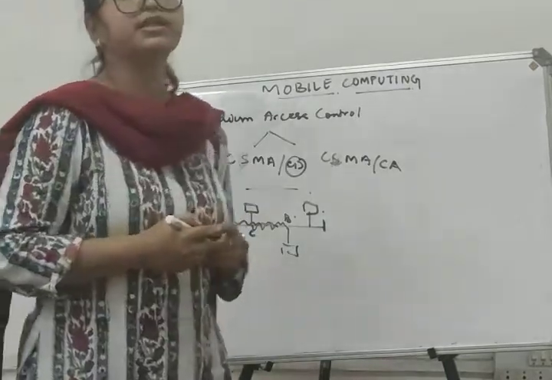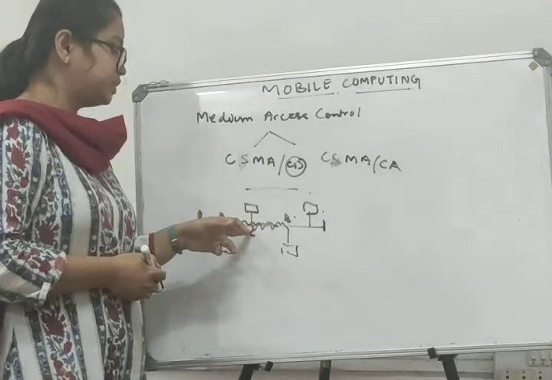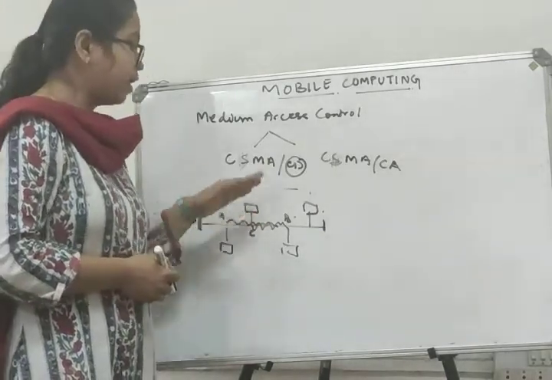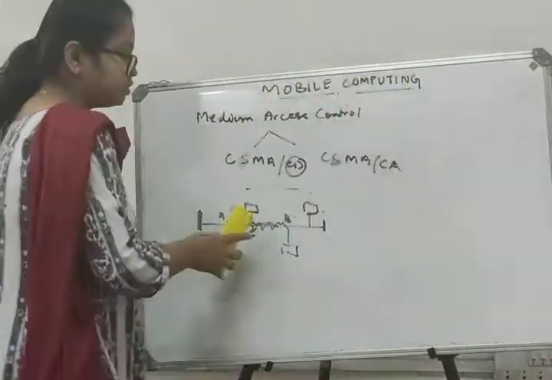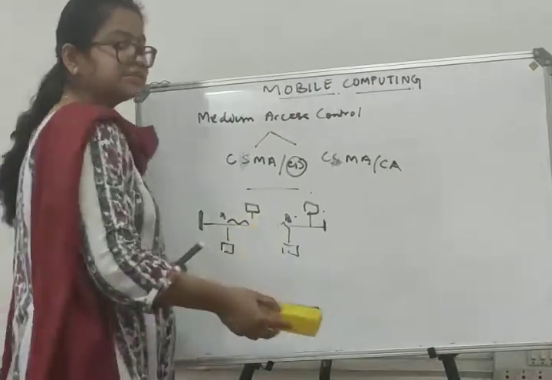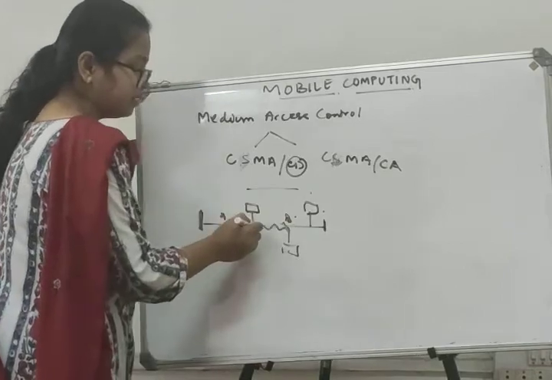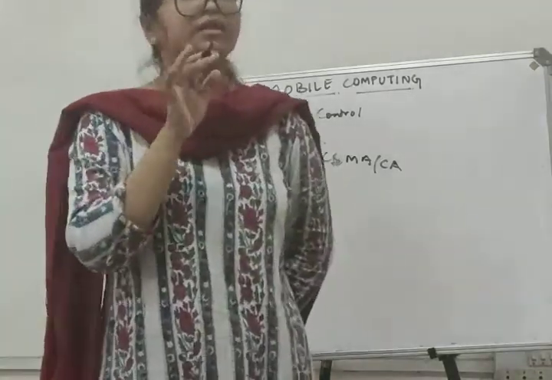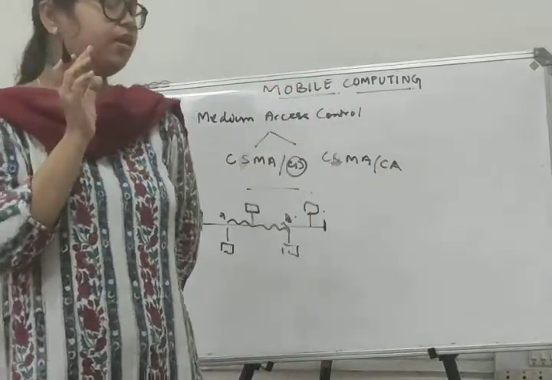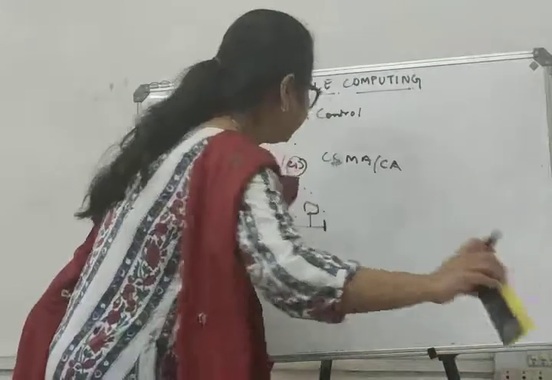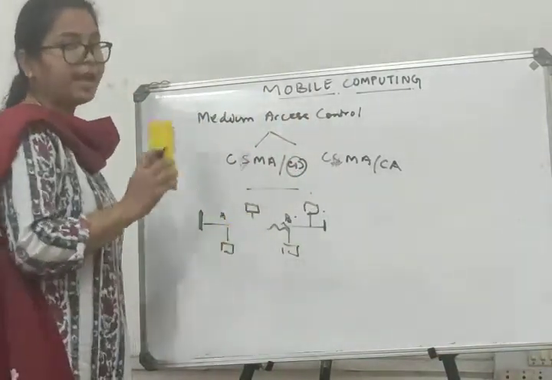This will result in interference or collision if, while the station is busy, C transmits. So in carrier sense multiple access, before sending any data, C will sense the channel first. When C senses the channel, it will get to know that the channel is busy and it shall wait. So this way collision will not happen.